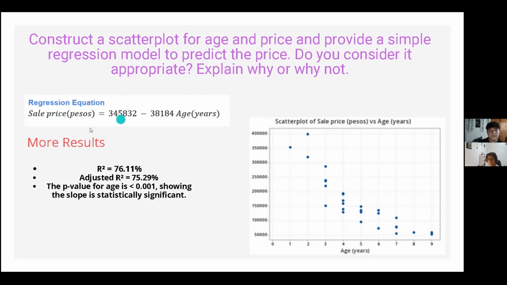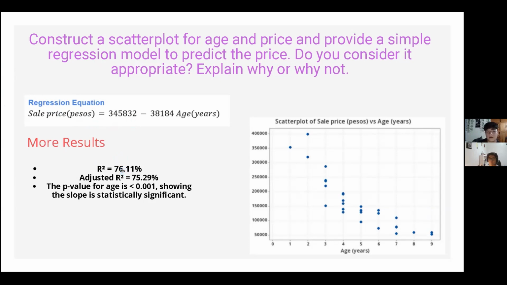Here we have the linear regression model. This means that each extra year reduces the estimated price by 38,184 pesos.